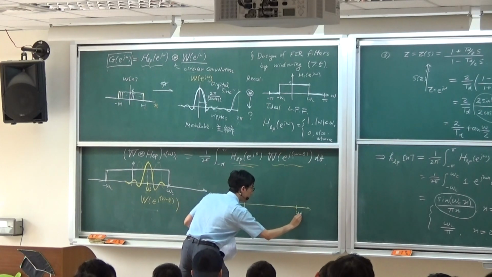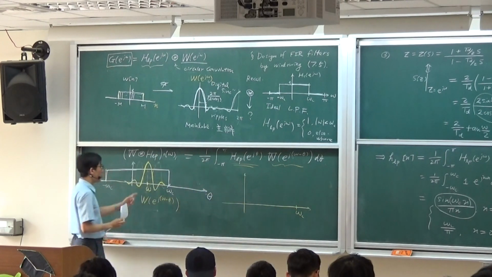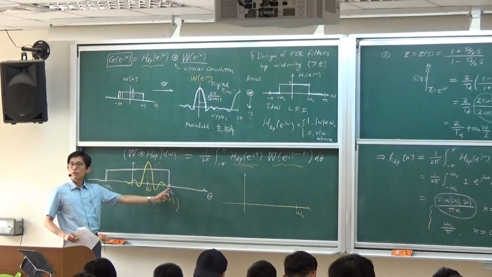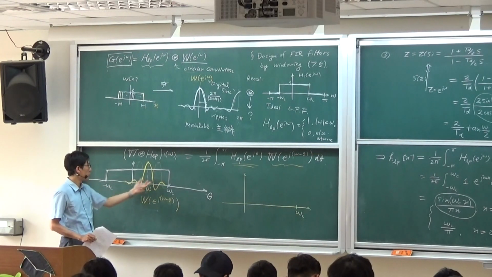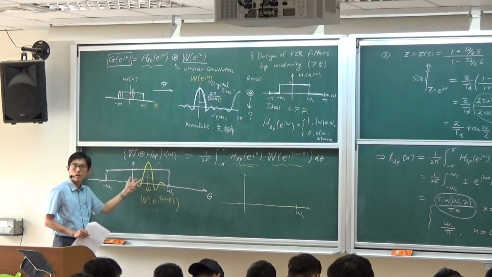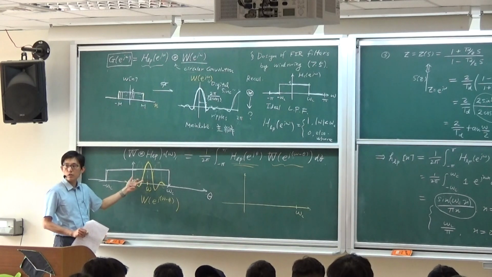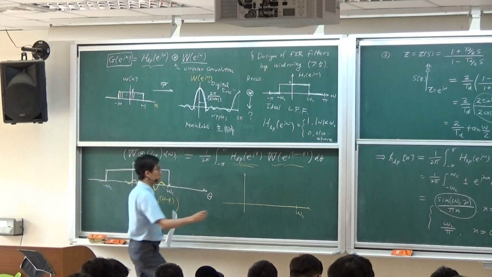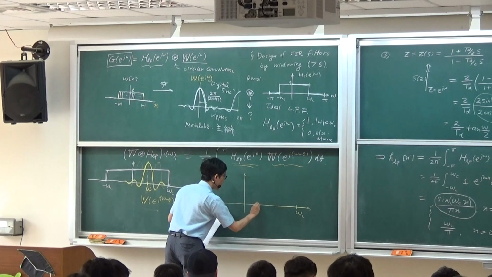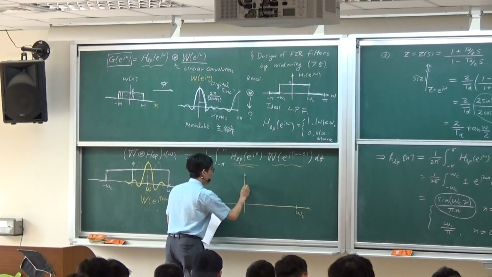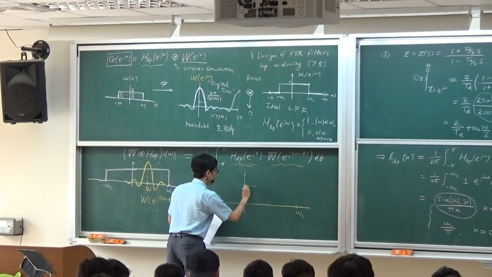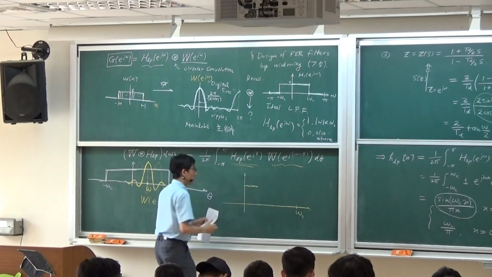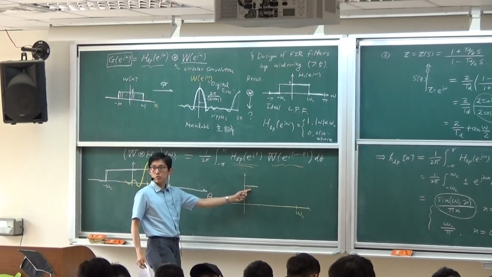If this is the cutoff frequency, and omega is far away from it, and we shift a little bit to the left or right, the result should not differ much. It should be nearly a constant.